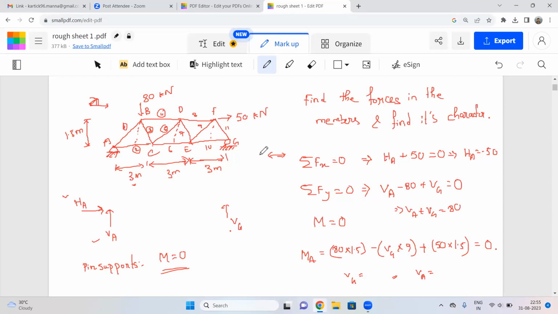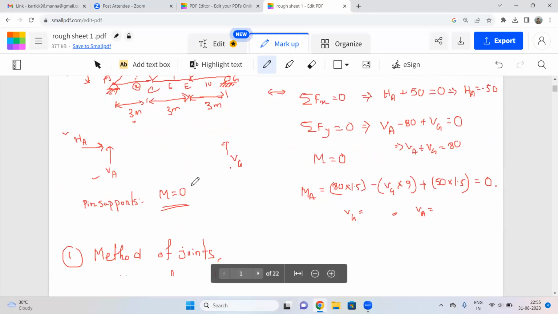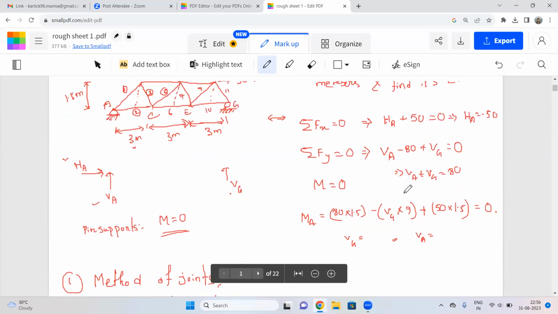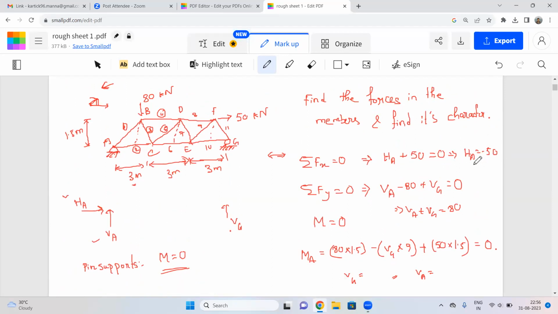Actually, it may be possible that its arrow is in the opposite direction. We will calculate that. If the value is negative, then the arrow will be in the opposite direction. So in method of joints, first of all, we are thinking about joint A. Your HA value is minus 50. We assumed that HA is in this direction, so that means actually HA is in the opposite direction.